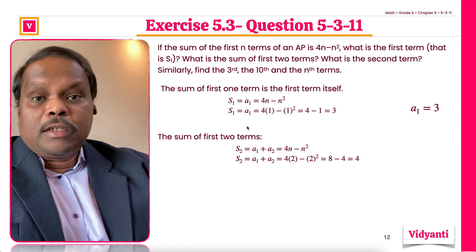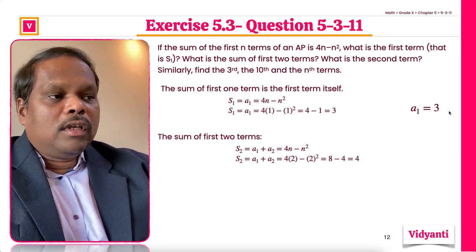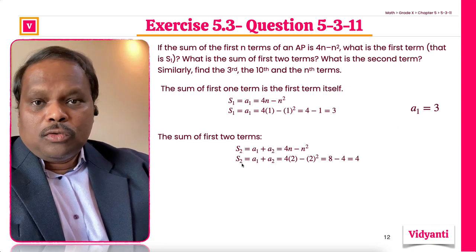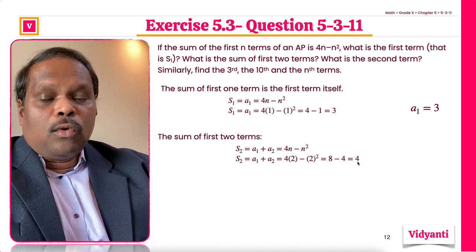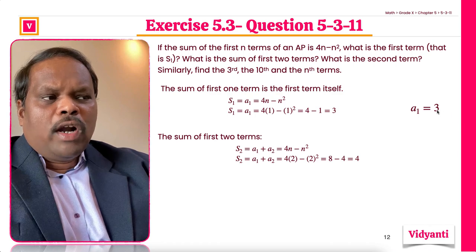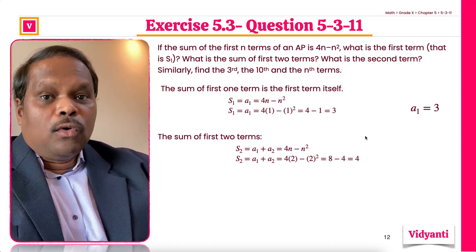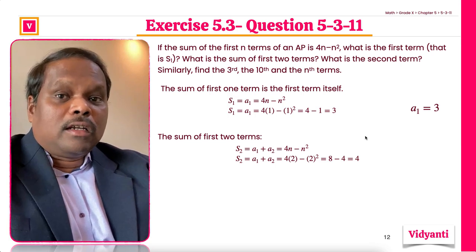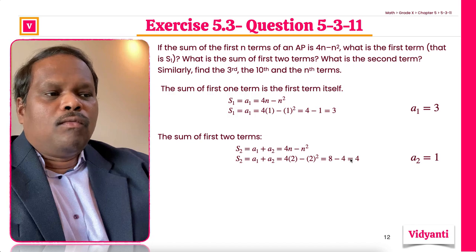Now, it's interesting to know that S1, which had only A1, gave us 3, and S2, which had A1 as well as A2, gave us 4. So that means one term gives you 3, and one term plus another term gives you 4. That means the second term will be simply the difference of 4 and 3, and that would be 1.